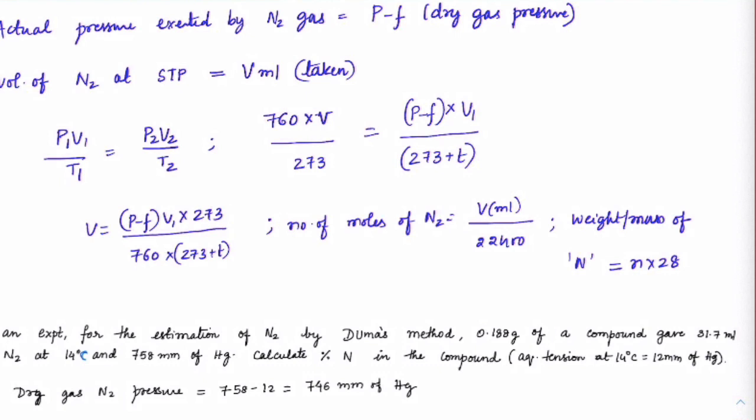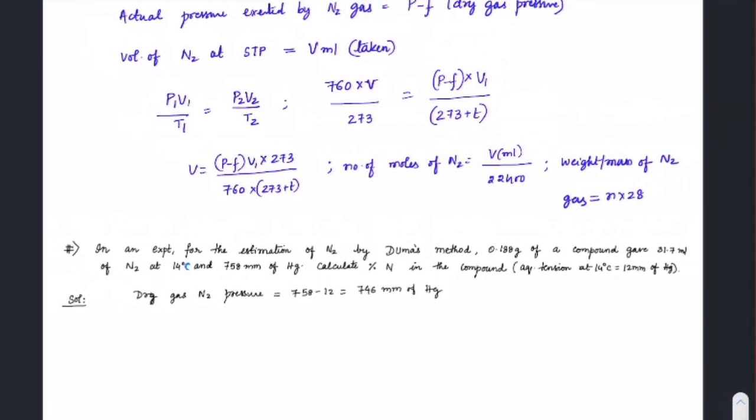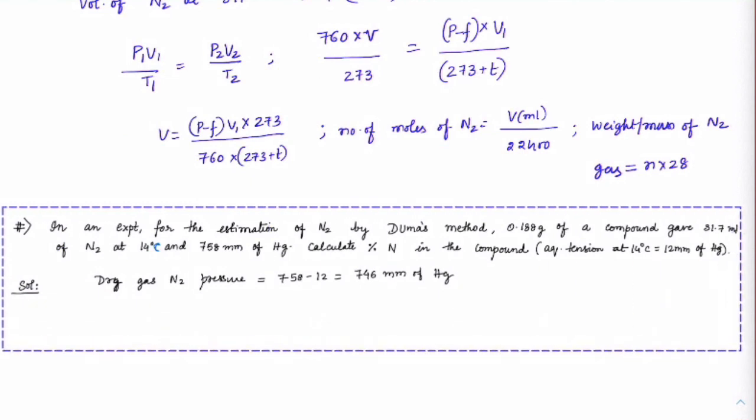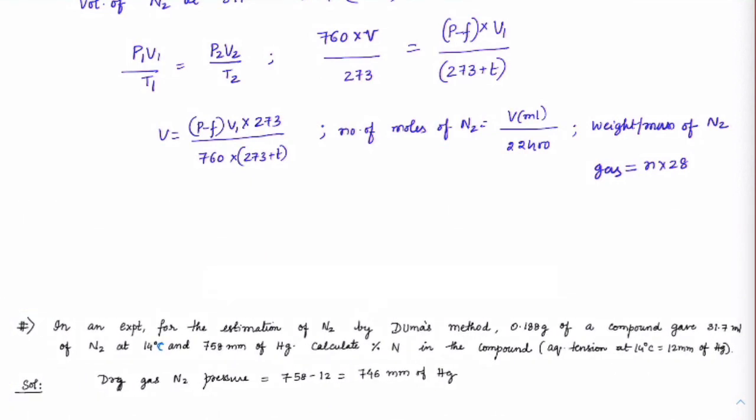Mass of N2 gas is n into 28, correct? And from there I can calculate the percentage amount of N present in the organic compound.